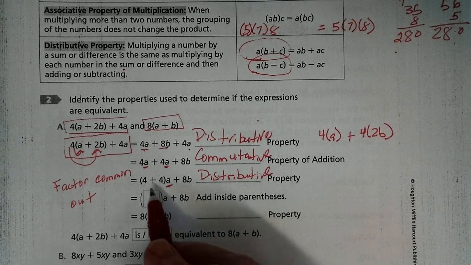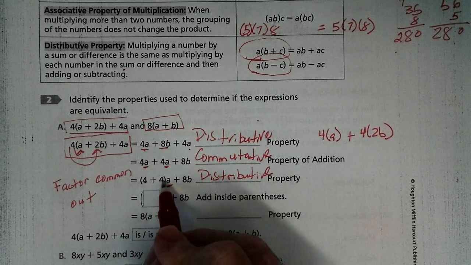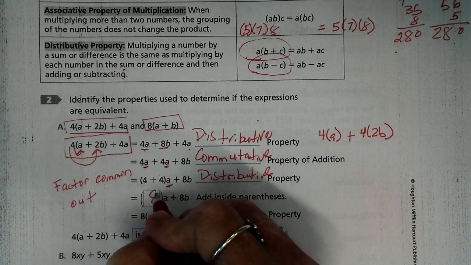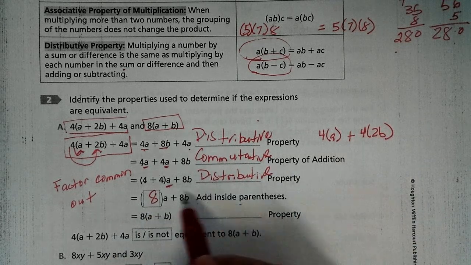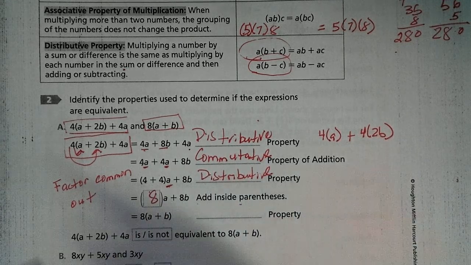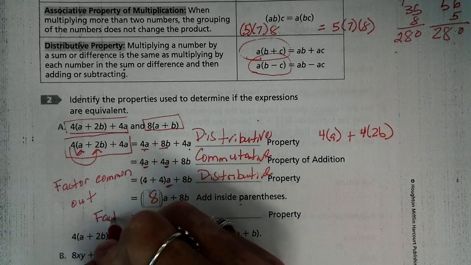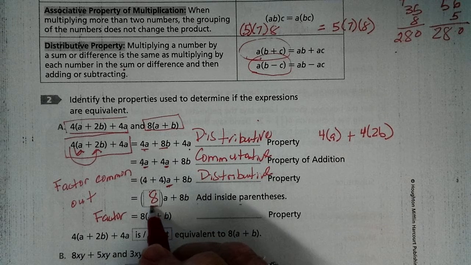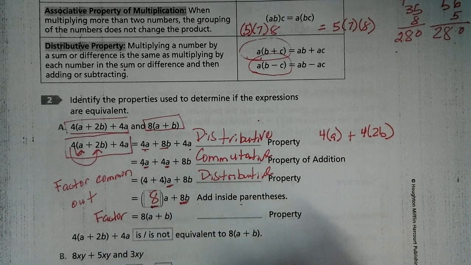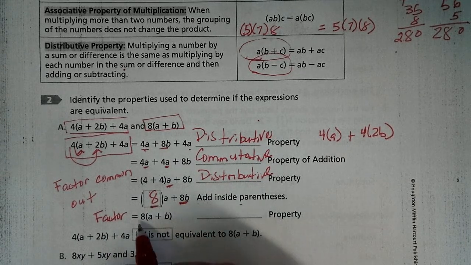So now I can just add the 4 and the 4, which makes 8. So that's why it says add inside the parentheses. All right, so now we're going to factor again because I have an 8 here and an 8 here. So that's distributive property again.